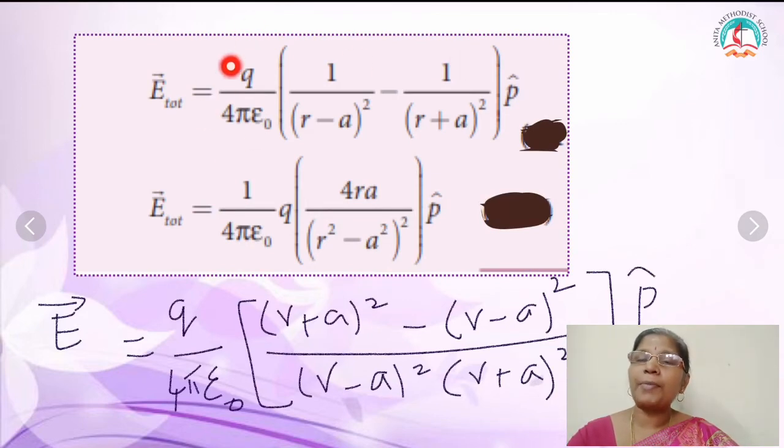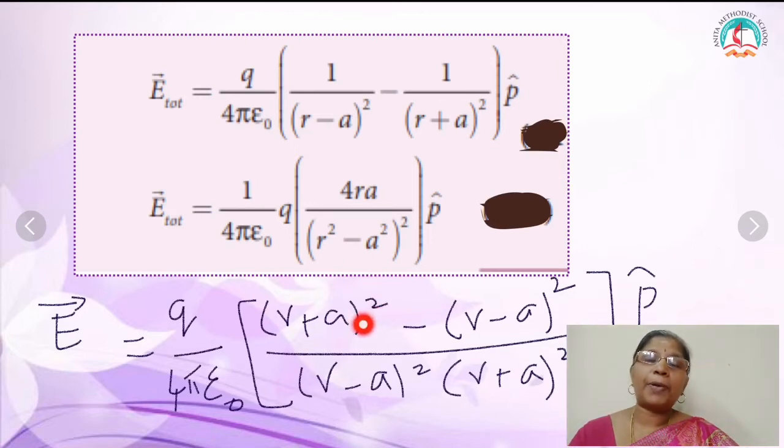Q is also the same in both, so I take Q outside. Inside the bracket: 1 divided by (r minus a) the whole square minus 1 divided by (r plus a) the whole square. Take the LCM and cross multiply. Here I get (r plus a) the whole square as the first term and (r minus a) the whole square as the second term. The denominator is (r minus a) the whole square multiplied by (r plus a) the whole square.